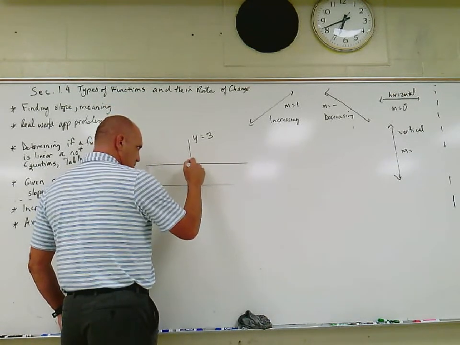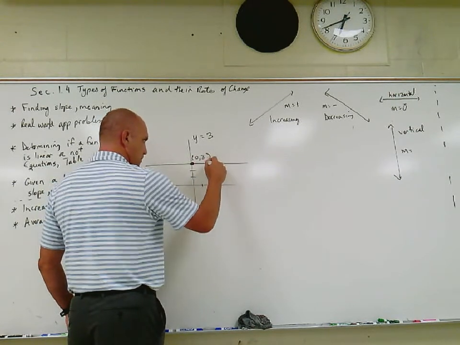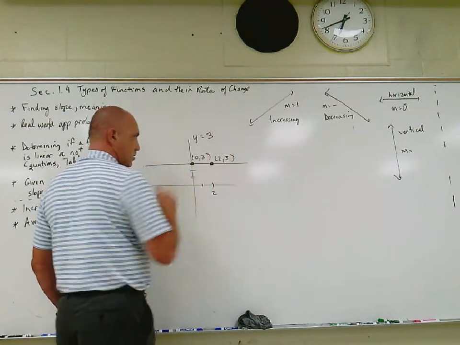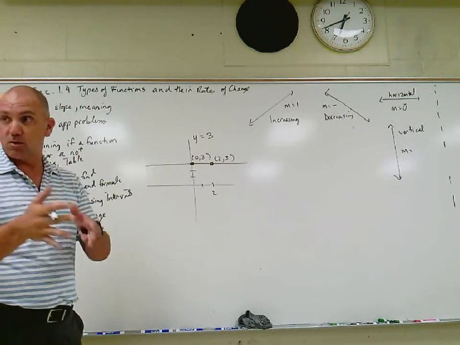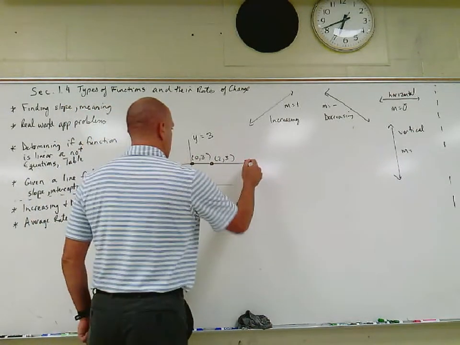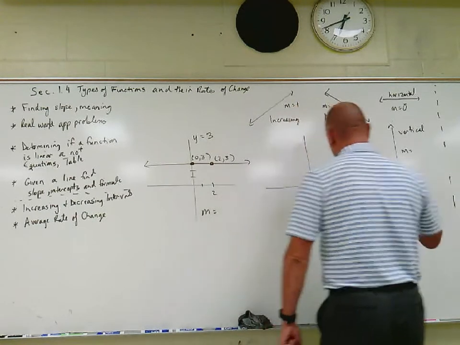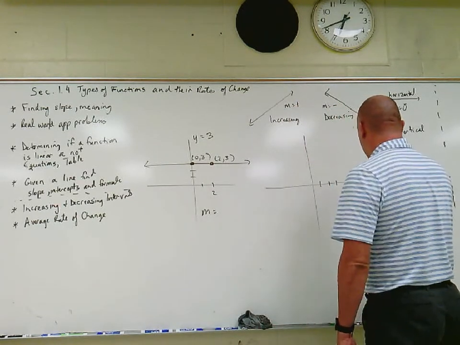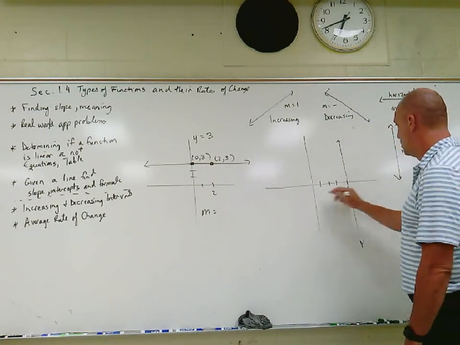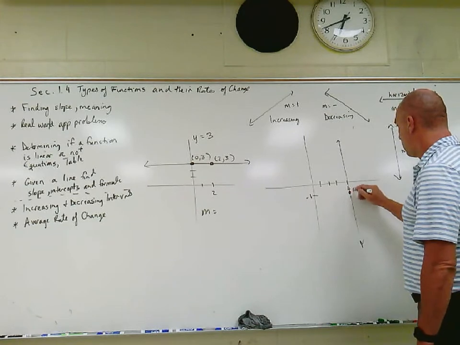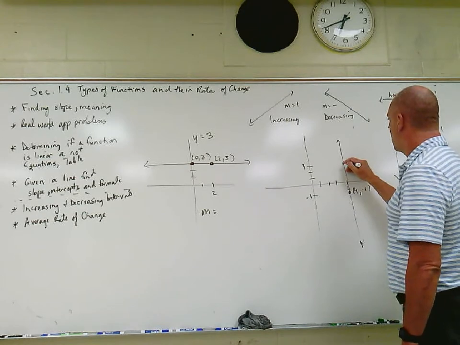So I can see that this has the point (0, 3), and it has the point (2, 3). Those are 2 points on the line. So just go ahead and use your slope formula there to write it out to get the slope. So here's your horizontal line. Find the slope, slope equals, and then I'm going to give you a vertical line, and let's just say it's over here at 4. So here's our vertical line, and let's just use, say, (4, -1) and (4, 3).